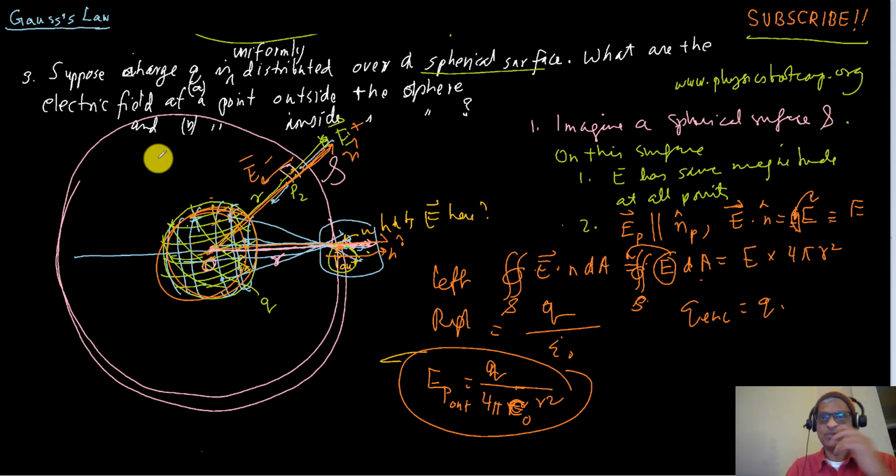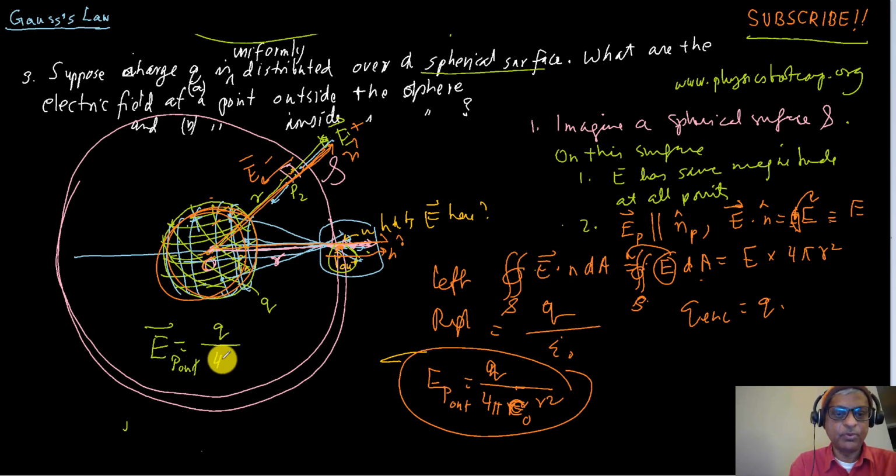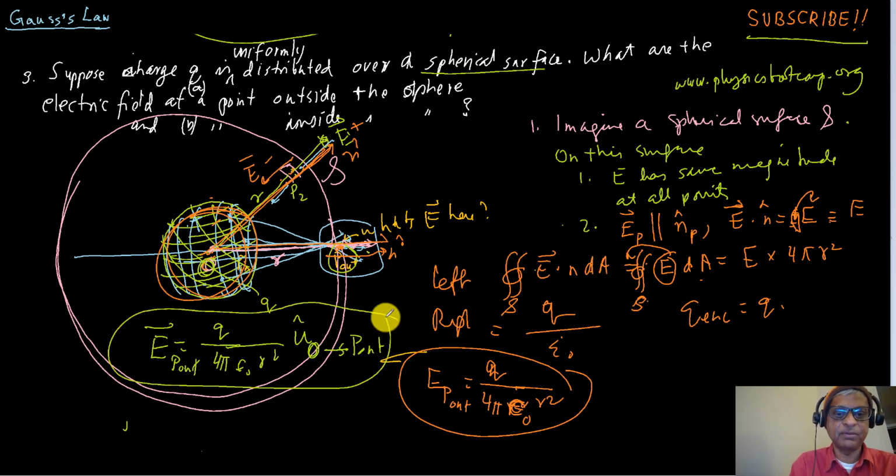So to write the direction, we're going to write down the formula: E at P out, any point, will be equal to Q over 4 pi epsilon naught r squared, and r hat will be from O, the center of the sphere, to the P out. So that's the full answer.